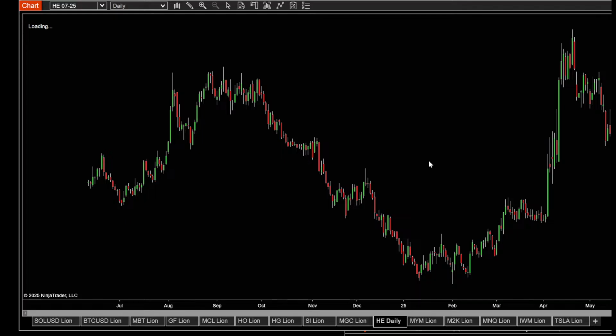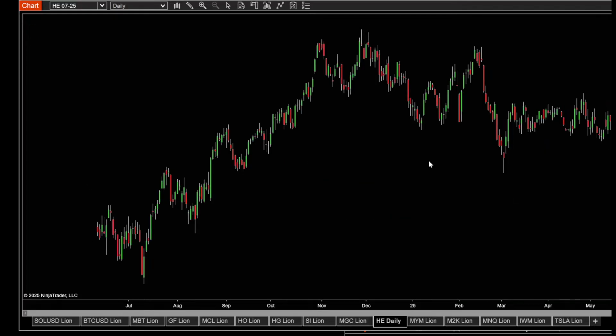Lean hogs, HE. Lean hogs, not too expensive. Pork is still reasonable, I guess.